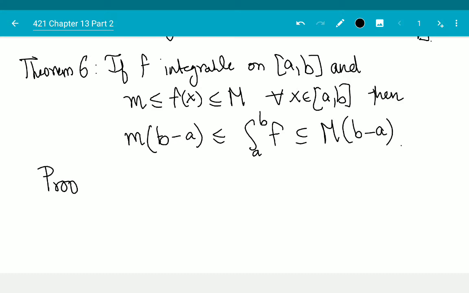Okay, so we have now some estimate of the value of the integral without having to calculate the complete integral.